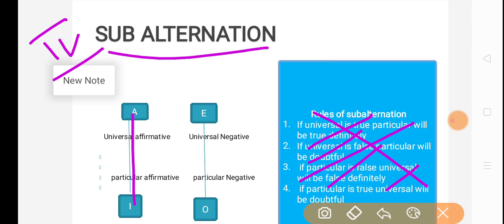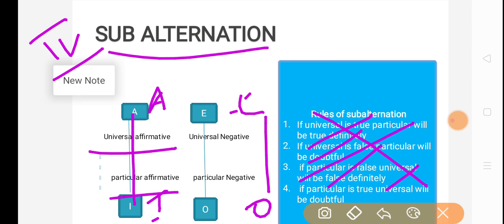So please wait for it. The subalternation statement establishes the relation between A and I and also E and O. In other words, it establishes the relation between universal affirmative and particular affirmative, and also universal negative and particular negative.